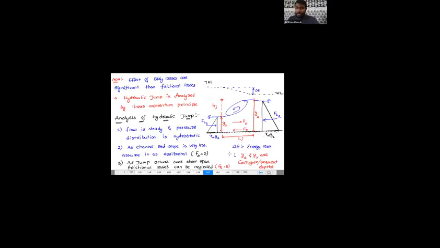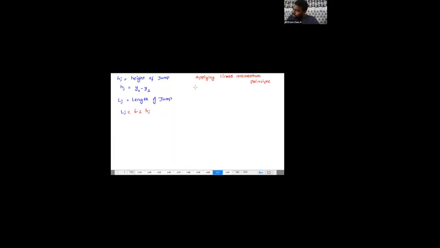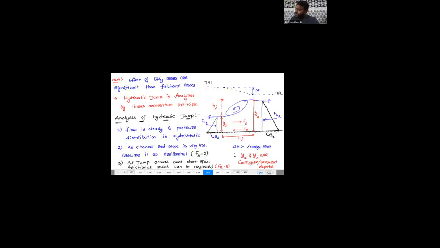Now, what is the linear momentum principle? I told you this one. Net force acting along the direction of flow is nothing but the rate of change of momentum.